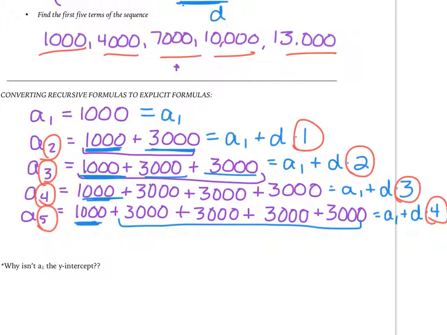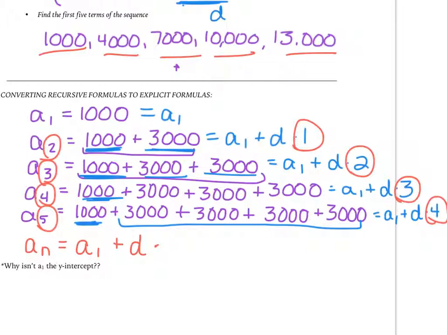Okay, so now try to stay with me while I generalize this. So I could say, in general, if I wanted to find term n, any term that I want to, I'm going to start with my A1, and I'm going to add my D value multiplied by 1 less than the term number, right?